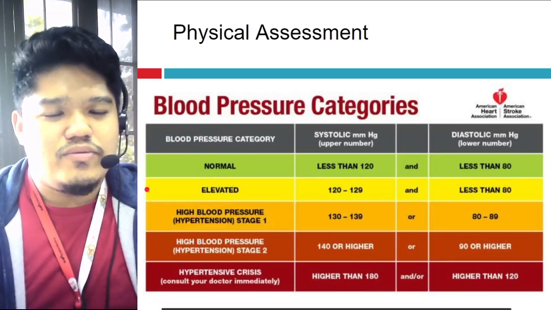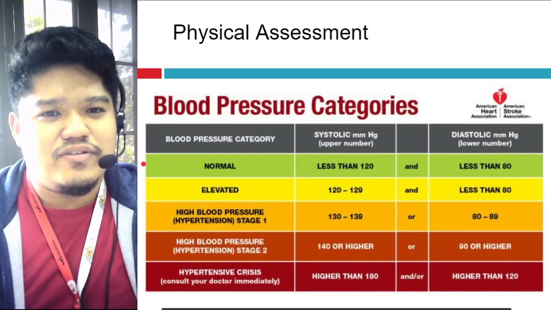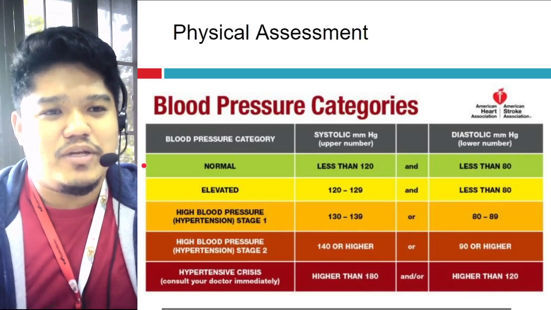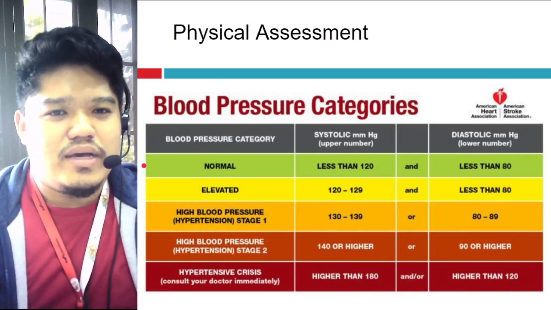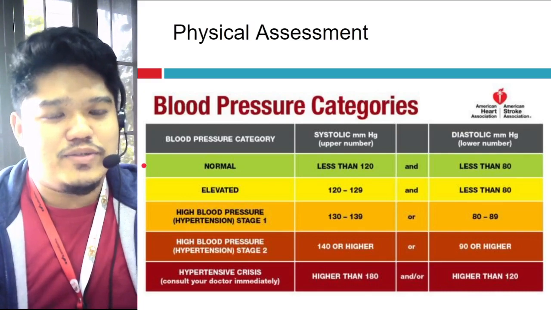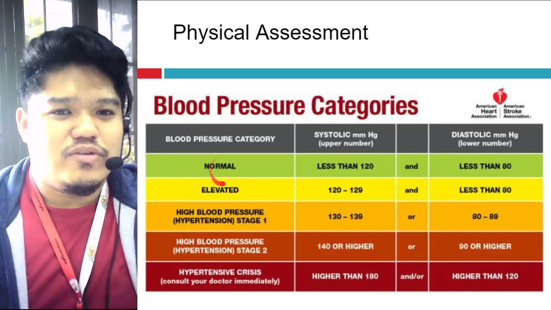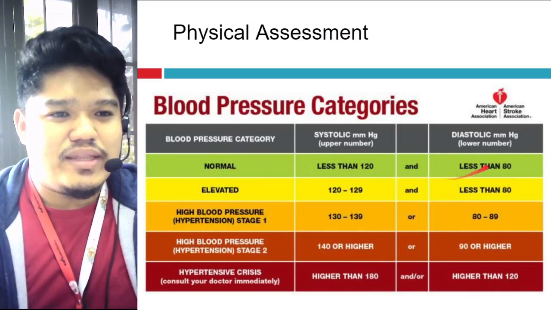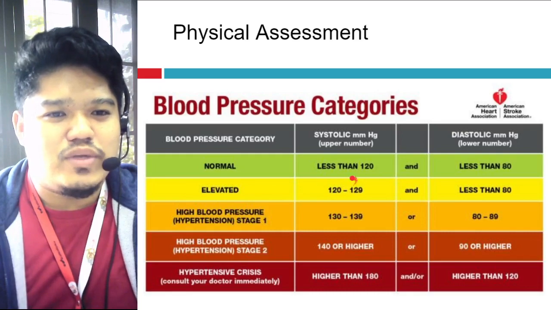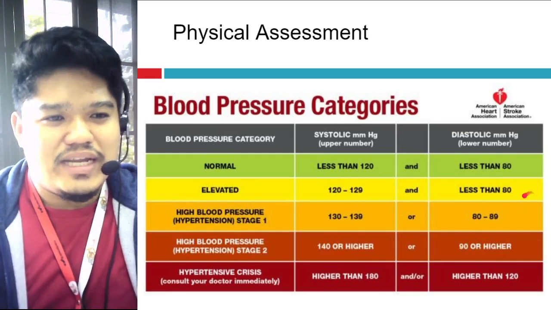This is a new classification of the categories of the blood pressure according to the American Heart Association. So the normal is less than 120 over less than 80. It is considered to be elevated if the blood pressure falls 120 to 129 over less than 80.